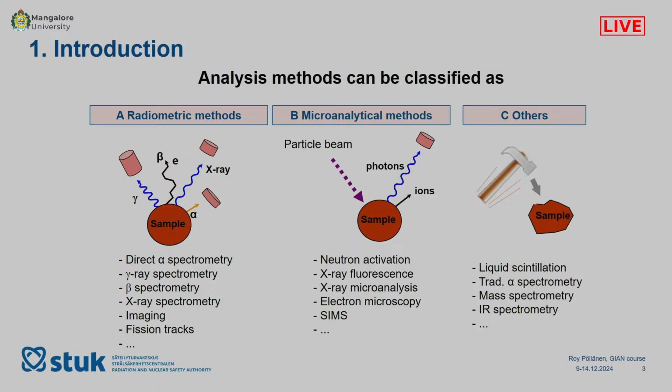Methods are, for example, neutron activation. Particles are then neutrons. We can use X-rays. We can use electrons. And in fact, this SIMS is one part of mass spectrometers.